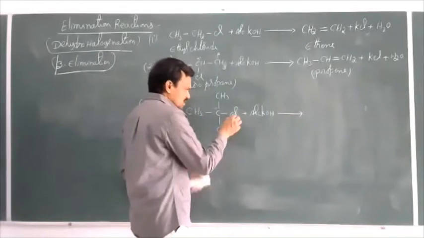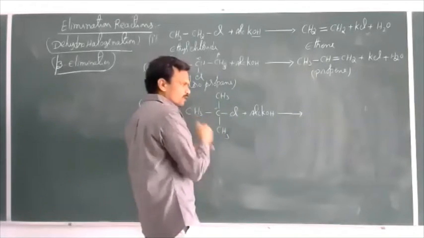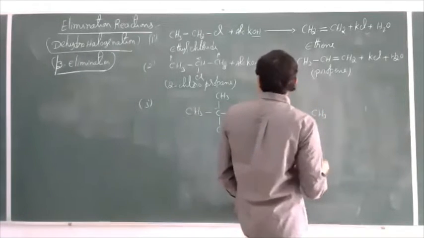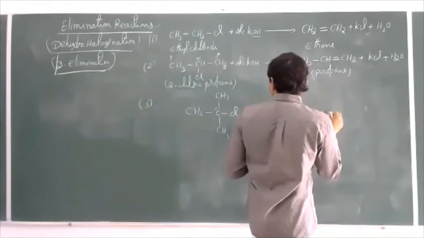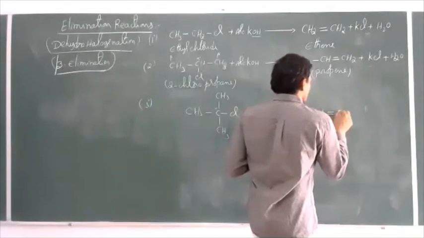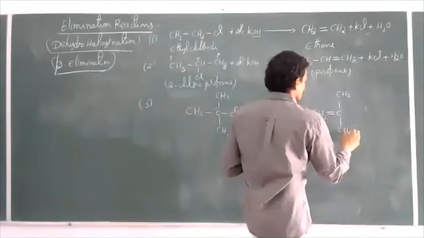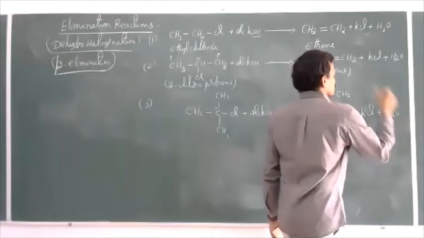Now, from this carbon the halogen, and from this or this or this the hydrogen, if we remove them, then we can get CH2 double bond C with CH3 and CH3, plus KCl plus water.